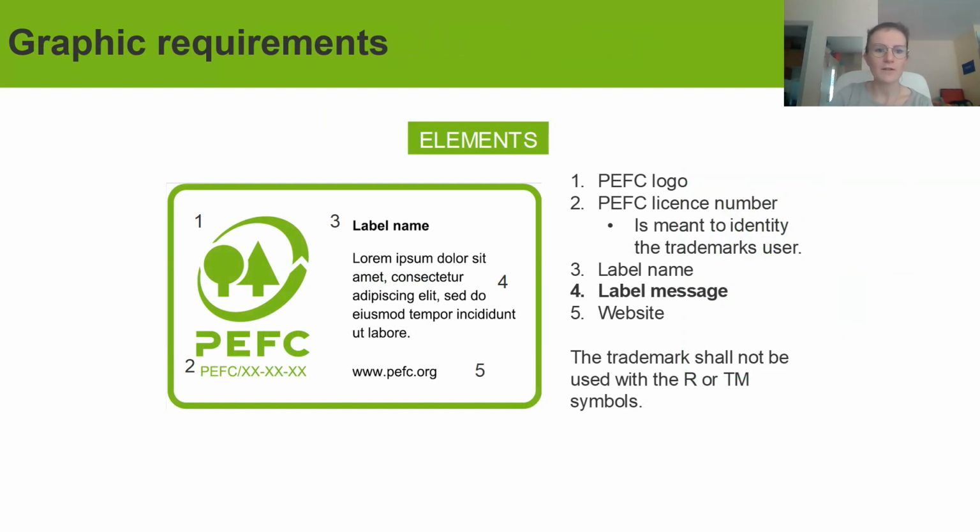Now, regarding the graphic requirements, let's see the different elements composing a label. So there is the PFC logo, the PFC license number underneath, the label name, the label message, and the website. Again, I would like to emphasize that this trademark shall not be used with the R or TM symbols.